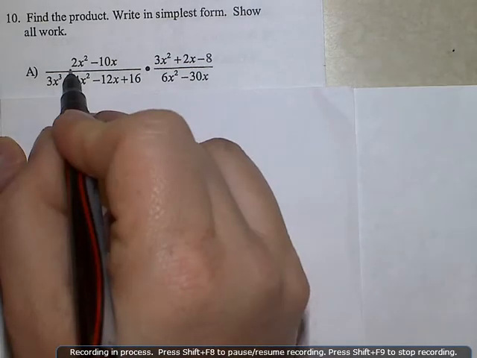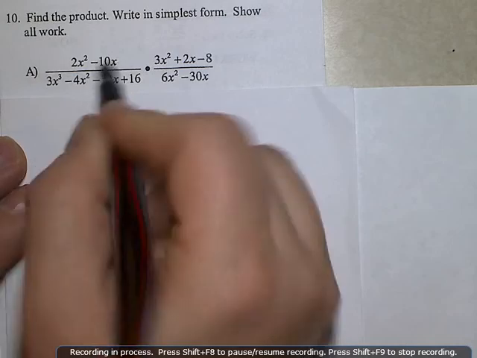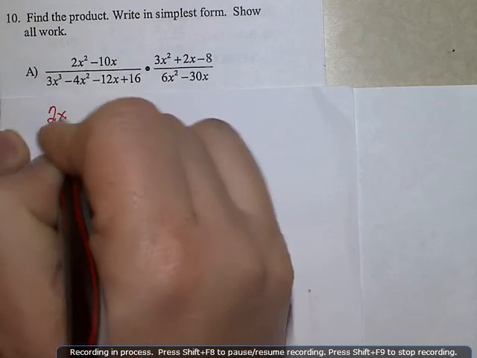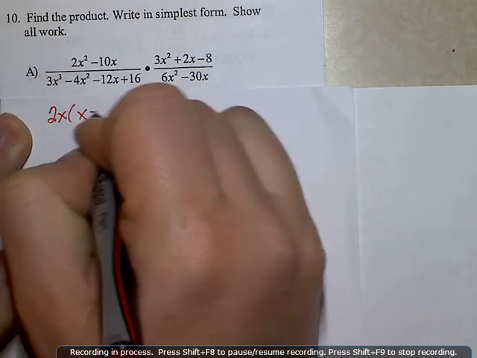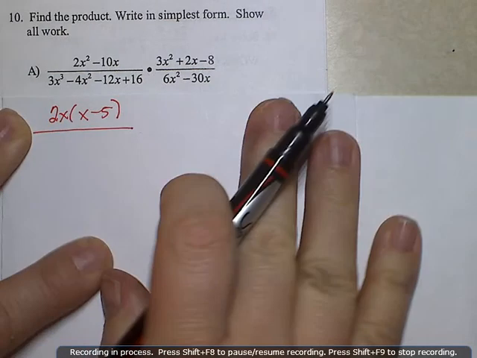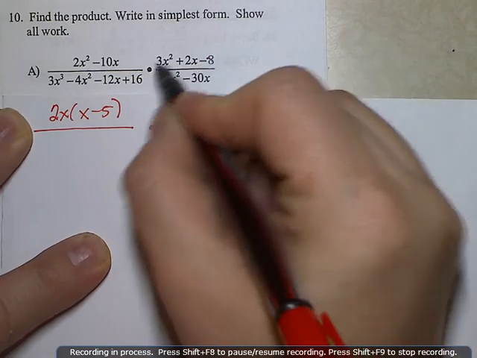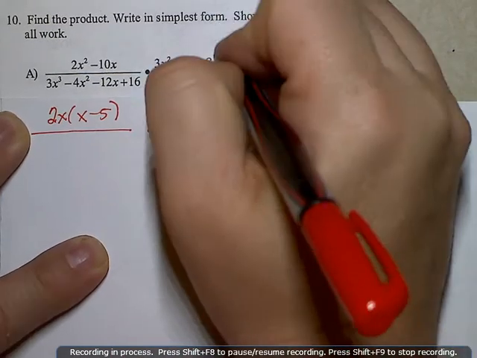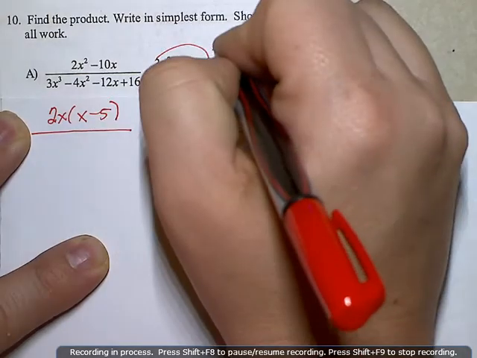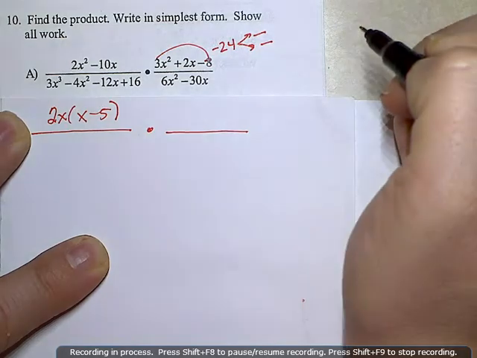From both the 2x squared and negative 10x terms, I can factor out a 2x and I'd be left with x minus 5. And this trinomial, 3x squared plus 2x minus 8, what multiplies to give you negative 24 and adds or subtracts to give you 2?